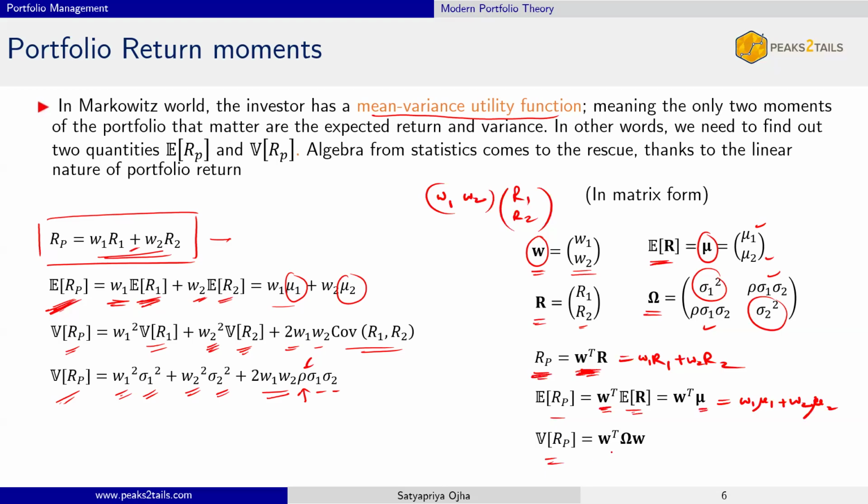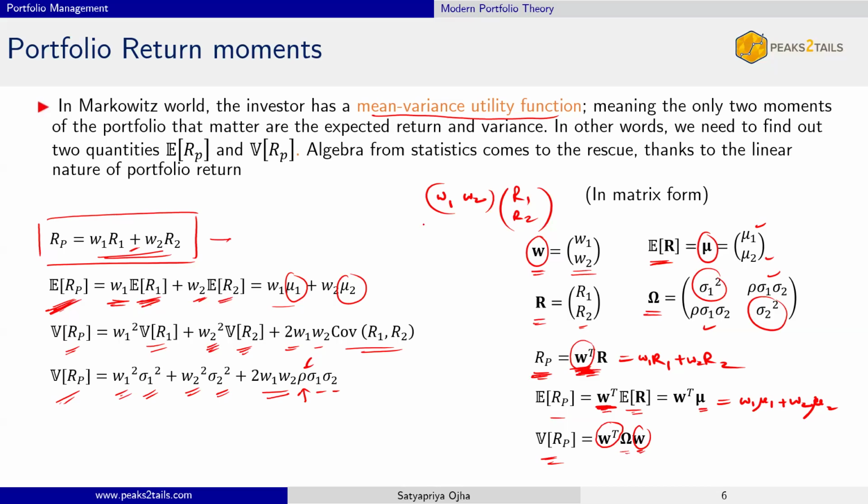And variance is W transpose, variance covariance matrix, times W. Please remember one thing. Sometimes people get confused about the transpose. Whatever you have here, the same thing comes out here, and in the variance, the same thing is the first term. And then in this equation, if you take another transpose, W transpose transpose will become W again. So the second term is the transpose of the first term.